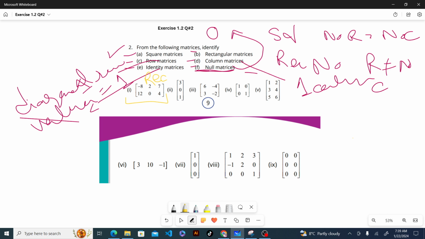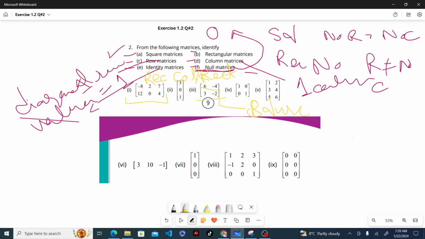So it is a column matrix because it has only one column. A column matrix is also a rectangular matrix because it has a different number of rows and columns. So you can say that this number 2 matrix is a column matrix as well as a rectangular matrix. Okay.